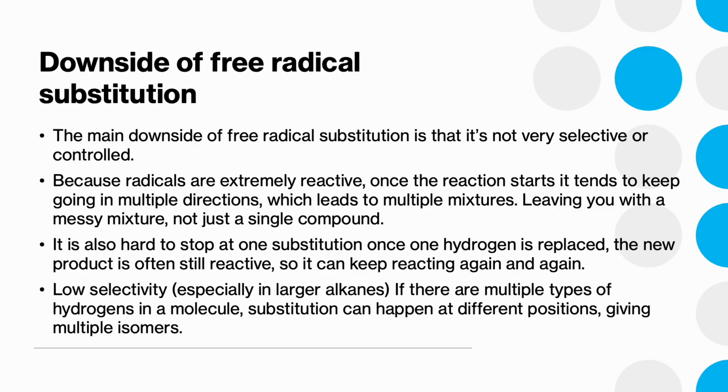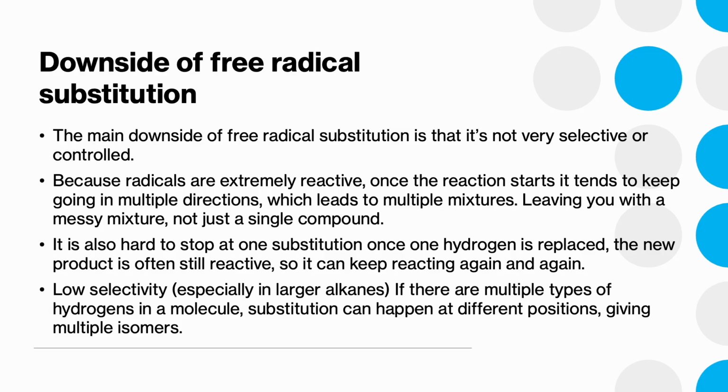As I was saying about termination, it gets a little messy, so there's a lot of downside to free radical substitution. The main one is that it is not very selective and it's not controlled very well either. Since the radicals are extremely reactive, once the reaction starts, it's pretty hard to stop, and it tends to keep going in multiple different directions that you don't need, because you're just looking for that one direction that gets you to your major product.